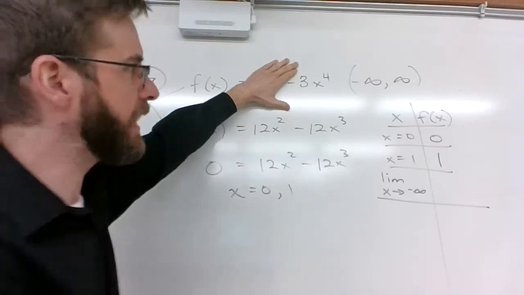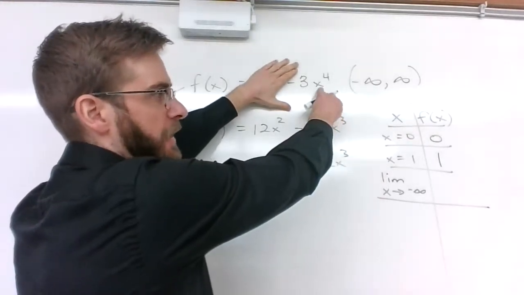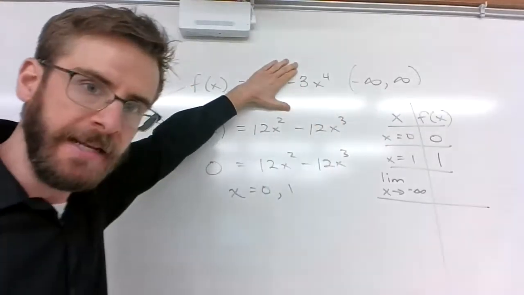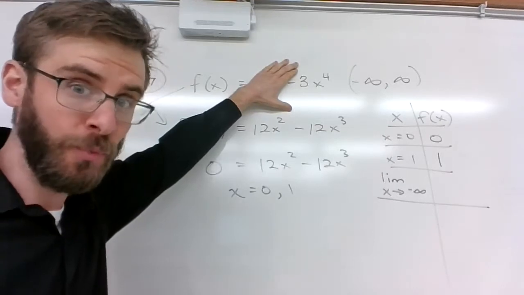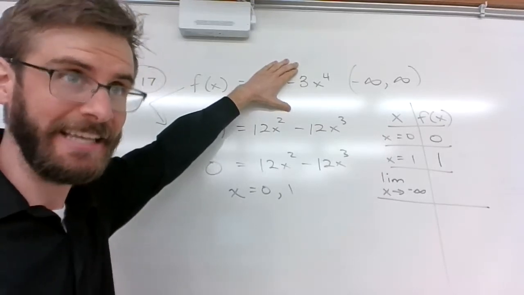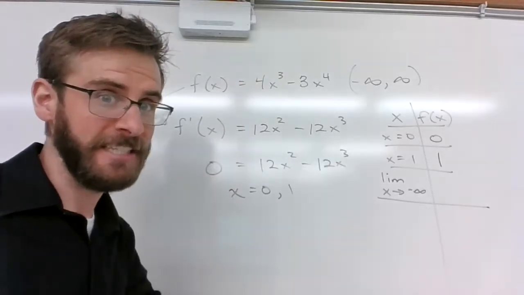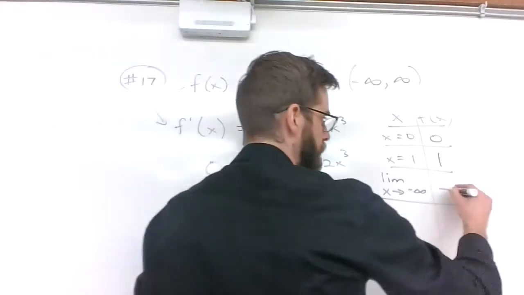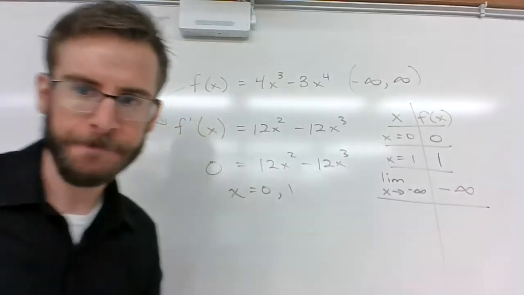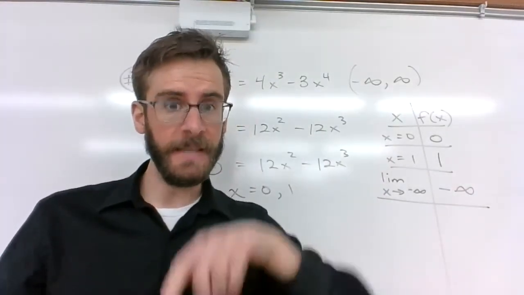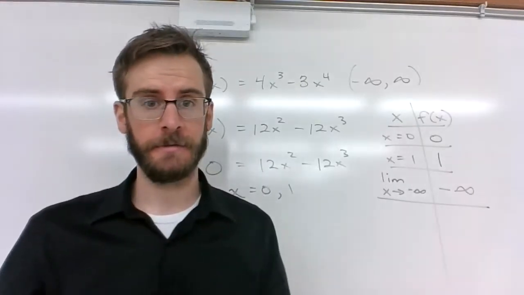Positive. So it's a huge positive number, and you're multiplying it by negative 3. That's making it a really, really negative number. So it equals negative infinity, which means we don't have an absolute min, because it keeps going down forever.